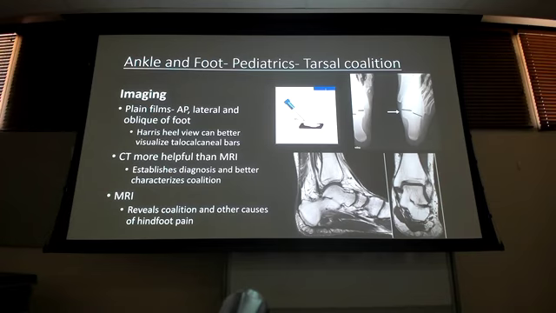So a lot of times ortho likes to do CTs if they're worried about some sort of bony issue, versus an MRI when they're worried about tendons, ligaments, and other structures that aren't the bone. That's why we get MRIs for our knees, because it better evaluates the meniscus, our tendons, and everything.